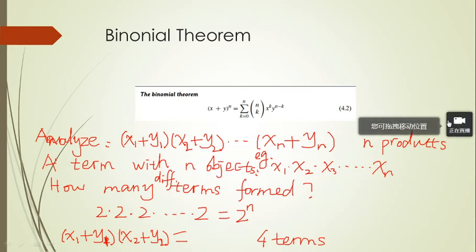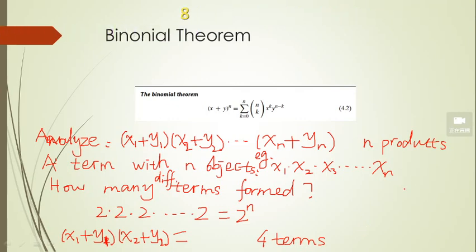Can you tell me, if you have x1 plus y1 times x2 plus y2 times x3 plus y3, with 3 parentheses in the product, how many different terms we are going to form? It's 8, because it's 2 cubed.